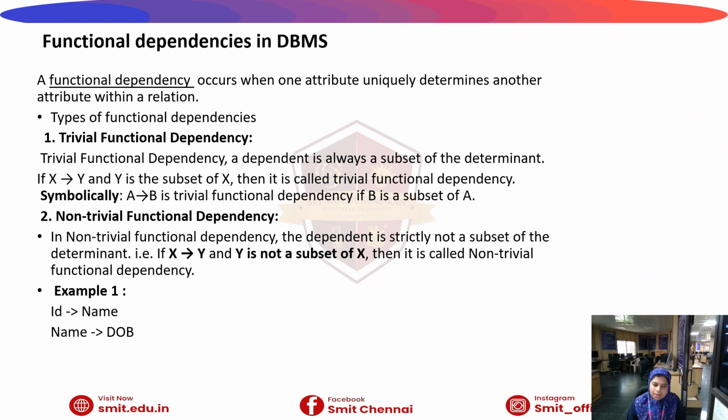For example, with ID and name: ID determines the name. Name connected with date of birth may or may not be a subset. So this is the non-trivial functional dependency.